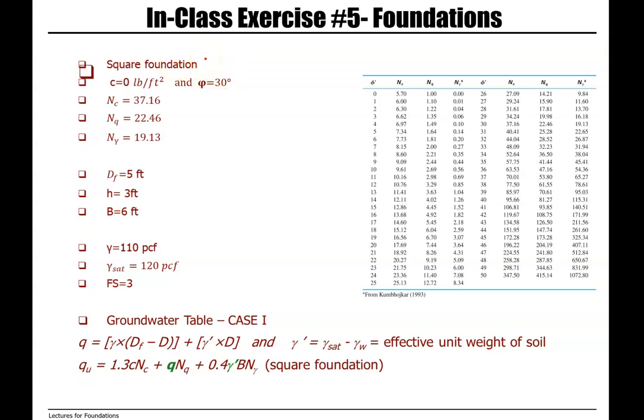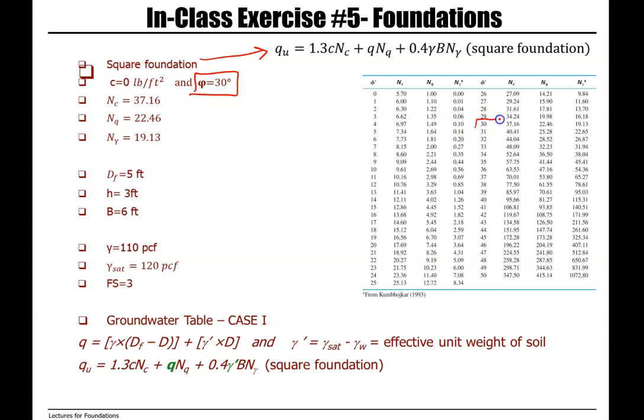So we have a square foundation. This is the formula that we need to use. Friction angle is 30 degrees. So these are our NC, NQ, and N gamma from the table.